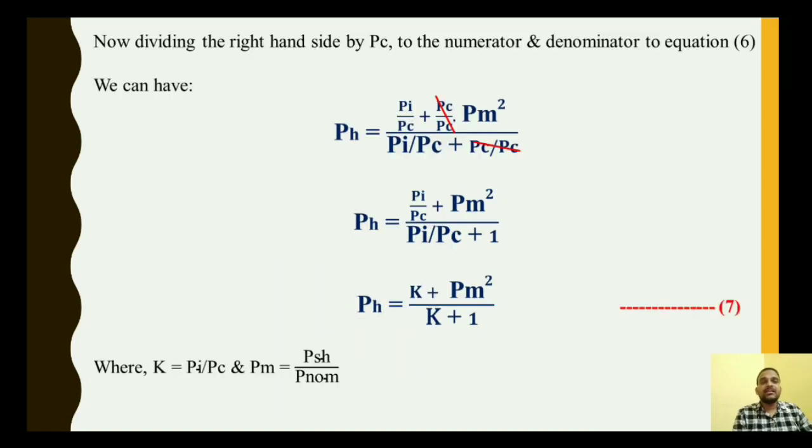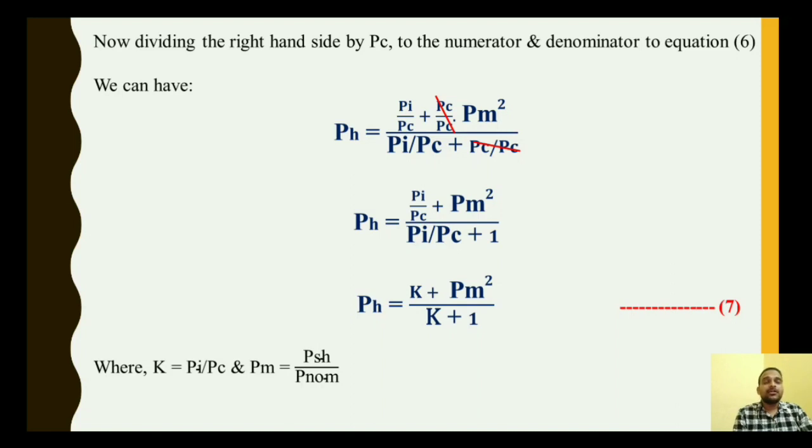Again rearranging equation 6, we divide the overall right hand side by P_C, that is the copper loss, in the numerator and denominator of equation 6. Why are we dividing? Because we have to cancel certain terms and get the equation in a simple form.